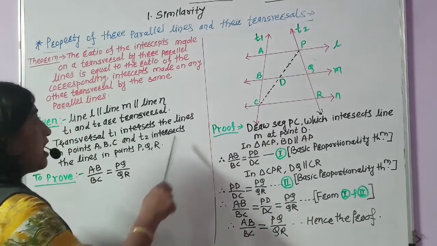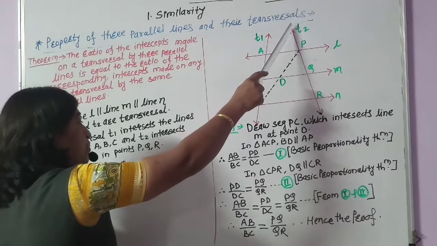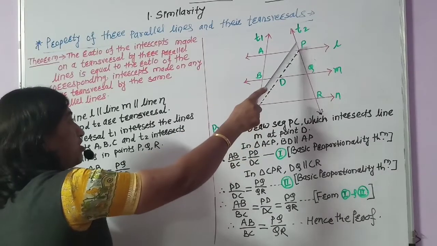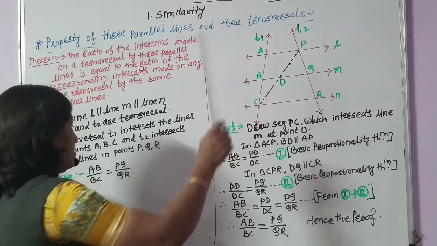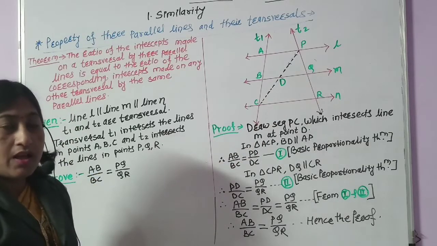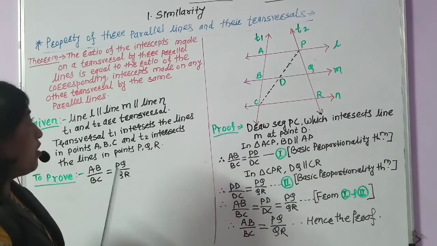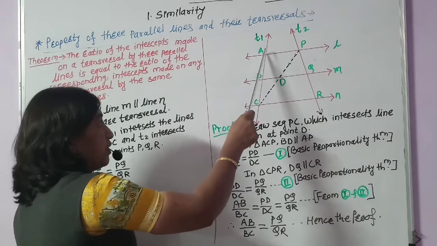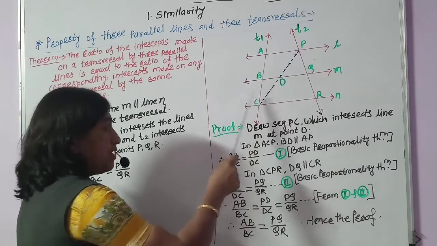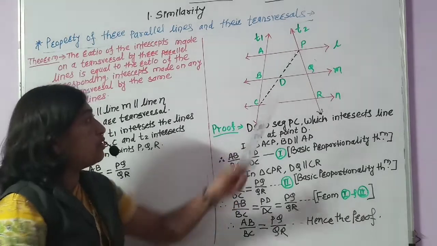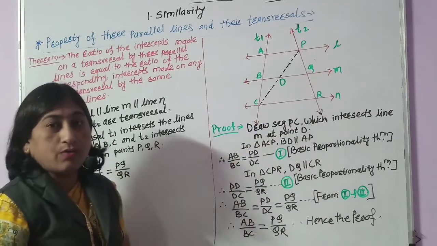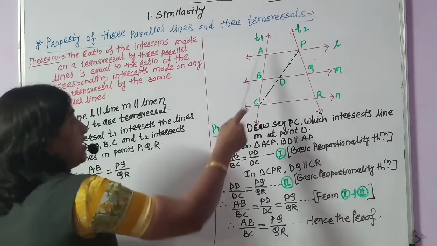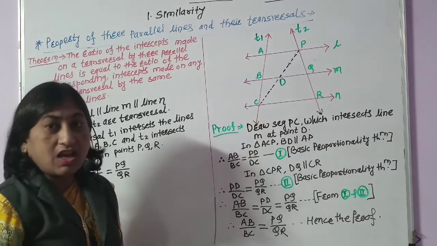Then another transversal, T2, intersects the lines in points P, Q and R respectively. We have to prove here this ratio AB upon BC is equal to PQ upon QR. We have to prove that the ratios made by these three parallel lines are equal.